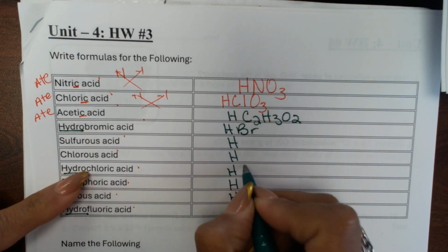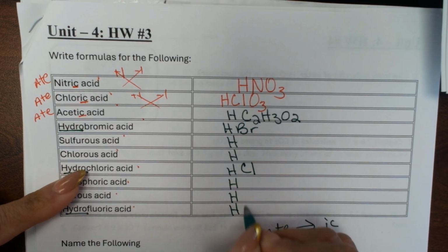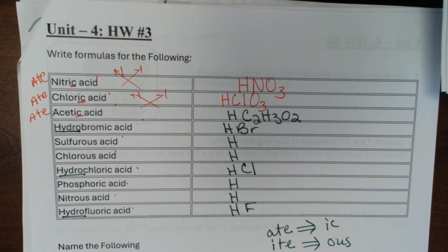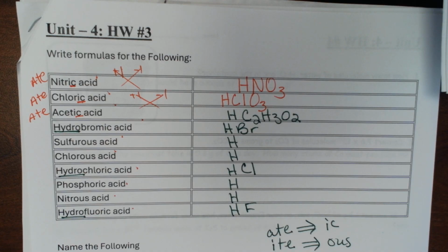So those ones with hydros are pretty easy. You're just going to give me that element that is coming over. Now, if this element, like chlorine or fluorine, had a -2 charge or something like that, then we would have a little 2 or a 3 over here. But if it's in group 17, then it would have a -1 charge.